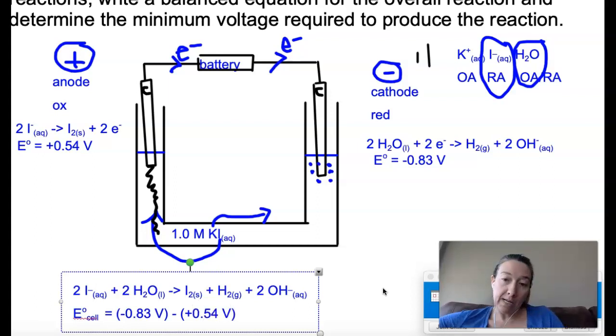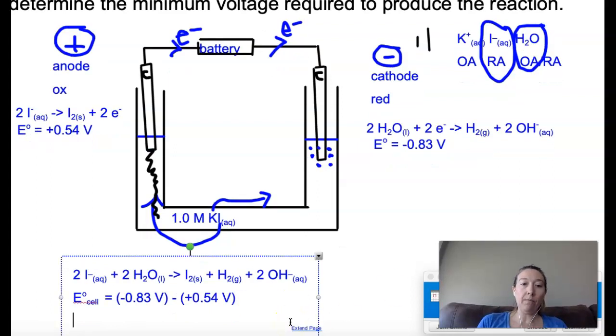When we do that, let's see if I have a calculator handy, I do. So negative 0.83 minus positive 0.54, I get that this is equal to negative 1.37 volts. Okay, I should always find that an electrolytic cell gives me a negative E naught.